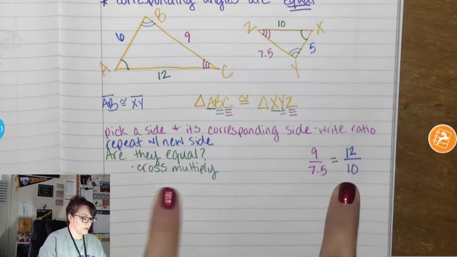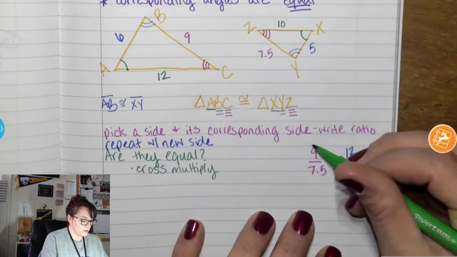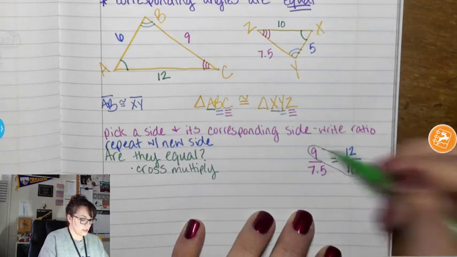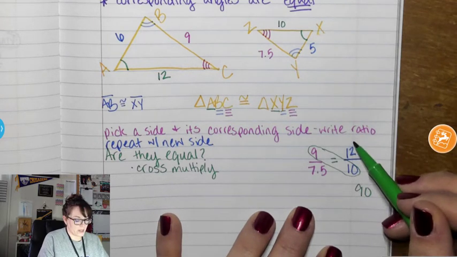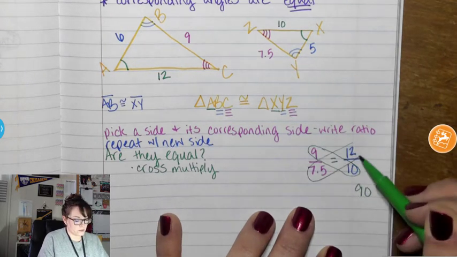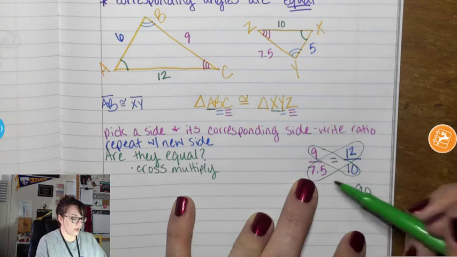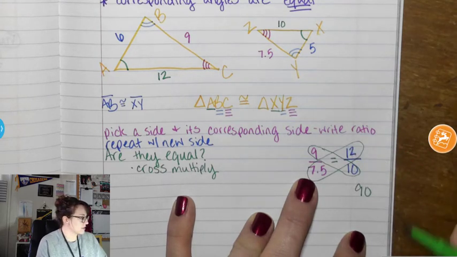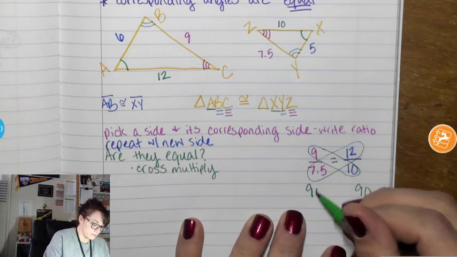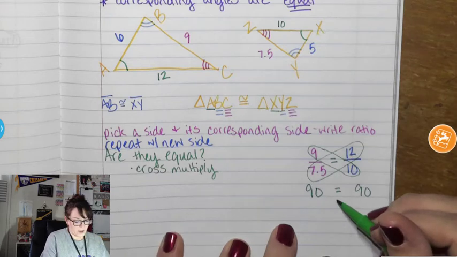Because all I want to know is, are these equal? So 9 times 10 is 90. 7.5 times 12. What's 7 times 12? 84. And what's half of 12? So what's 84 plus 6? 90. So are they equal? Yeah. So if they are equal, they are similar.